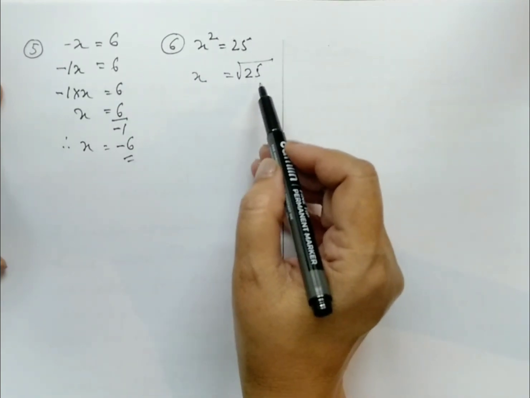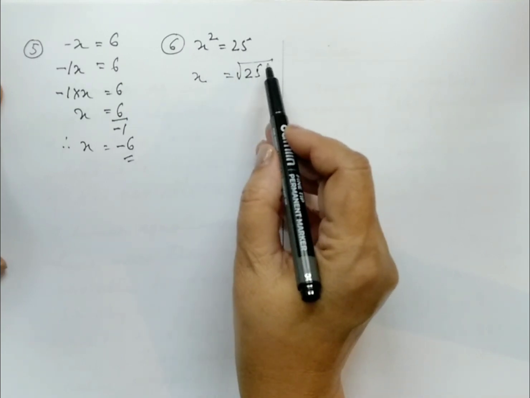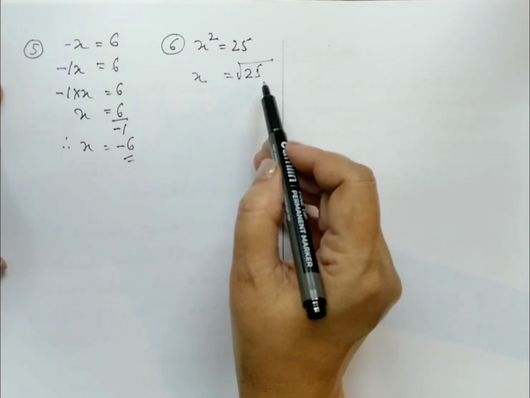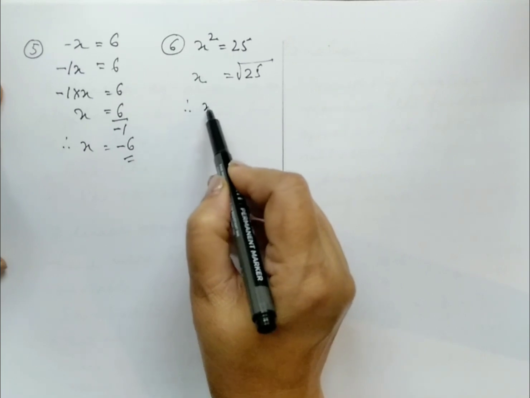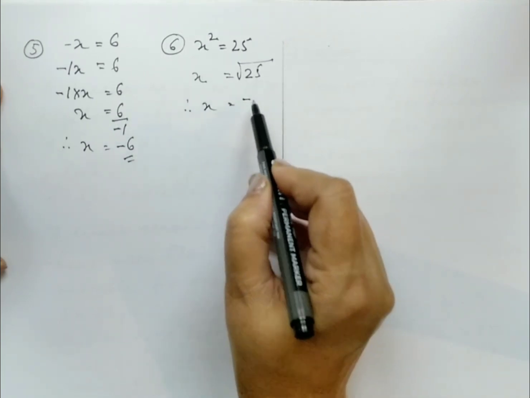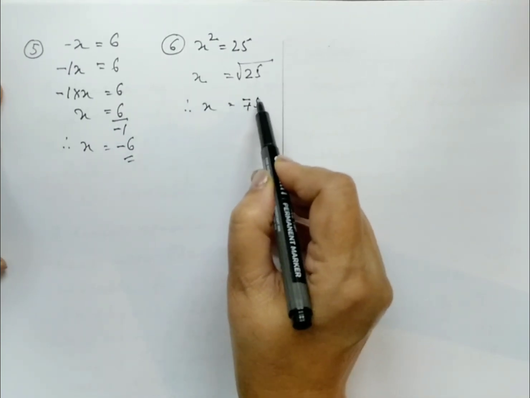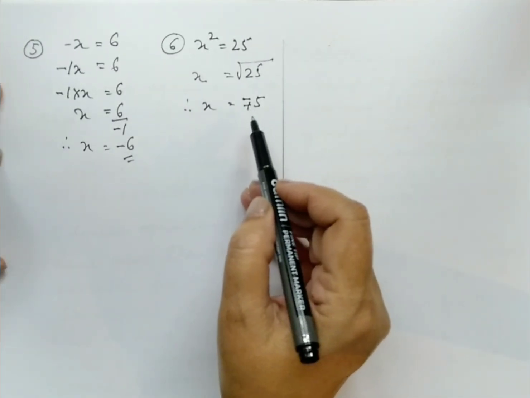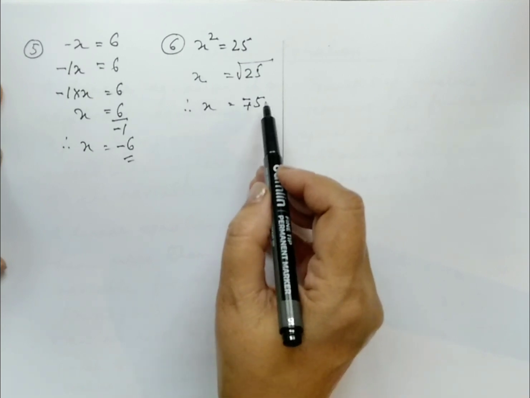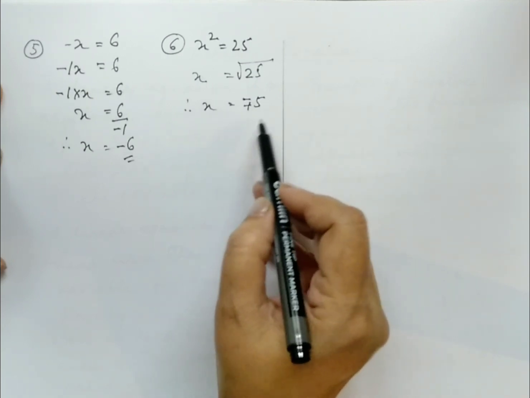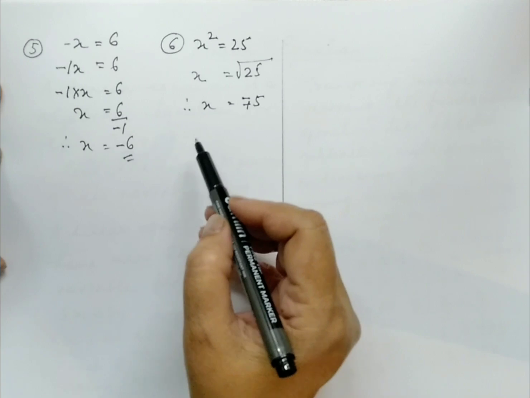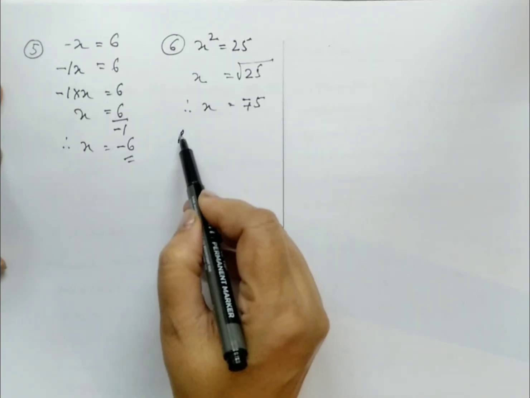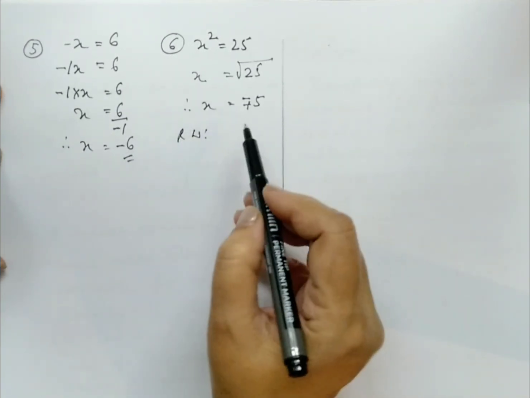In this case we have 25, so we square root 25, and therefore our answer is minus as well as plus 5. Now you may be wondering, why minus as well as plus 5? Why are there two values? Then I can explain that in a little bit of rough work.